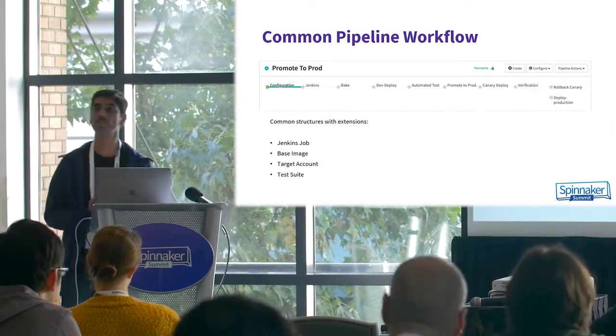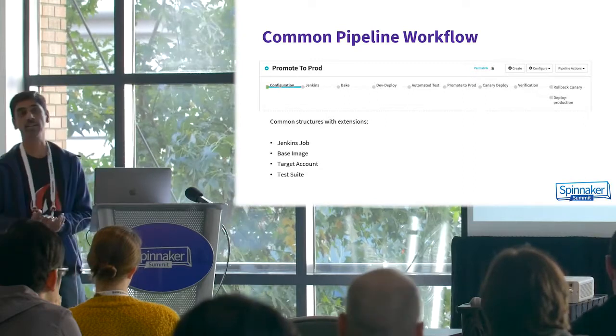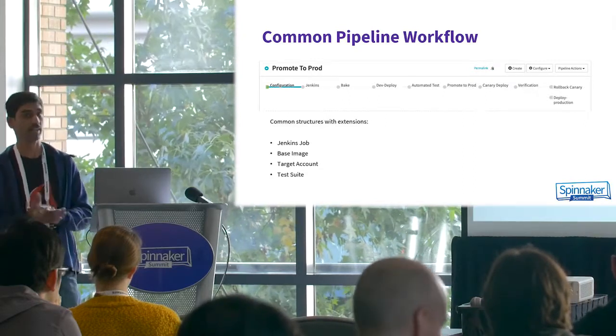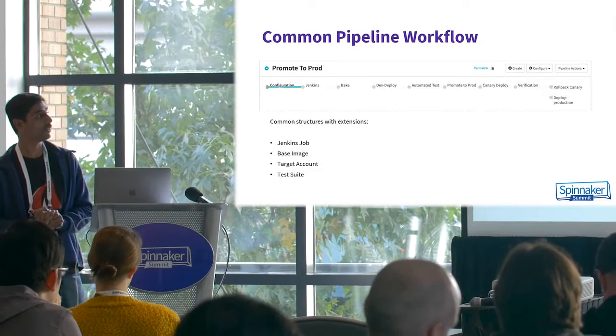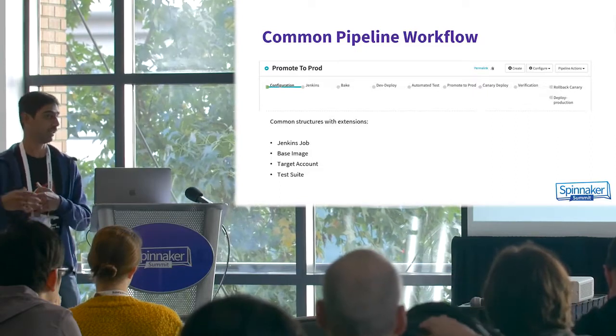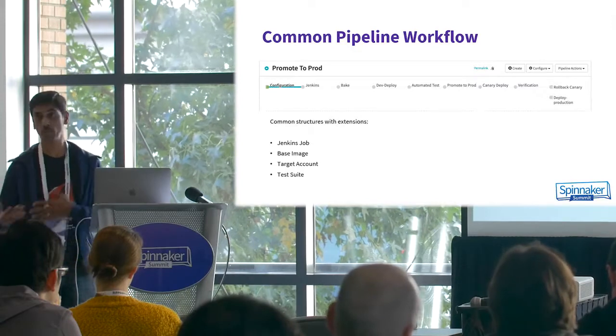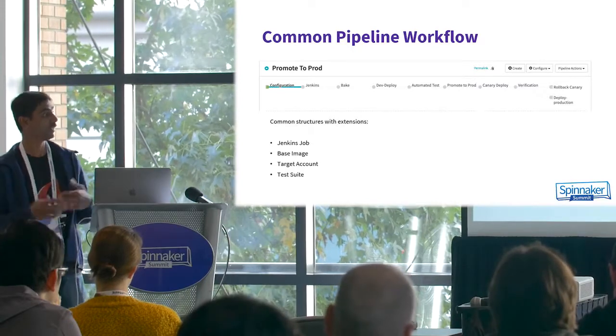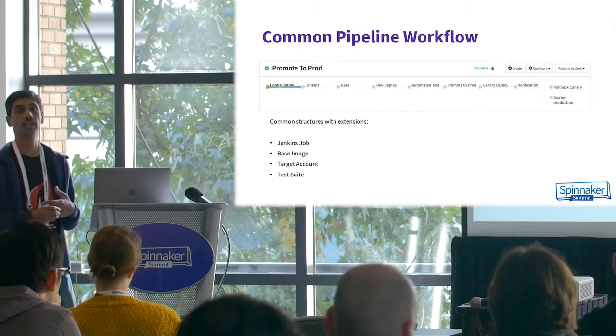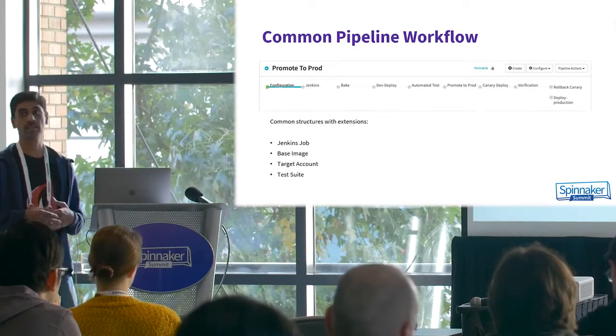Then you would promote, and this promotion can follow certain deployment strategies. You can do a Canary deployment and then a rolling update, or a Canary deployment and a blue-green update. And then based on verification, you decide whether to roll back your changes.